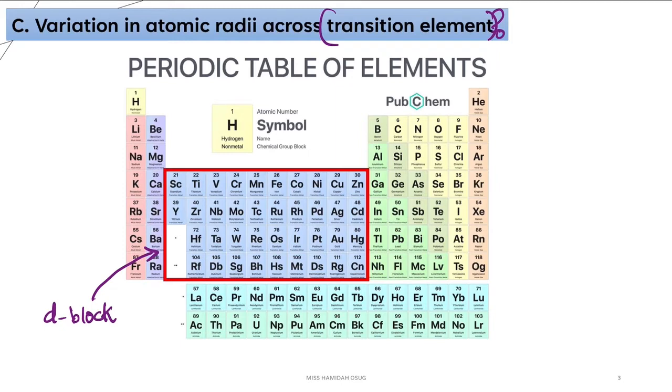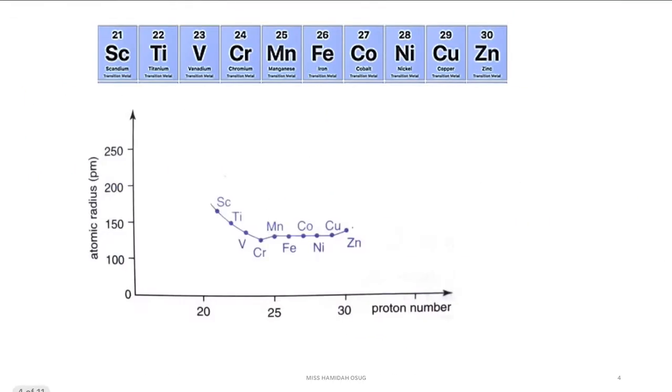Transition element is actually located at the D block and it only starts at period 4. The first row of transition element is in period 4, starting with scandium all the way to zinc.